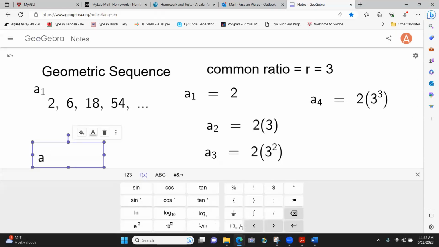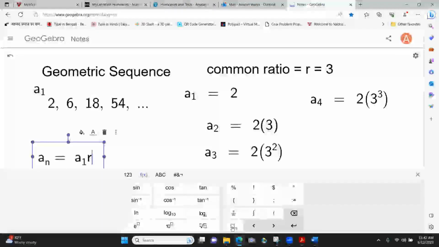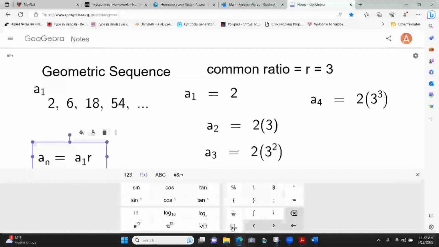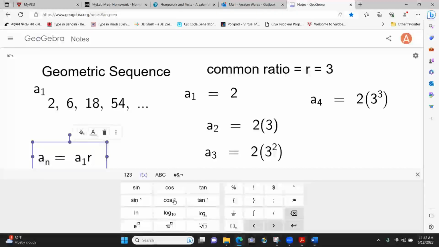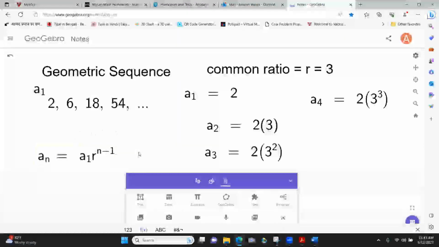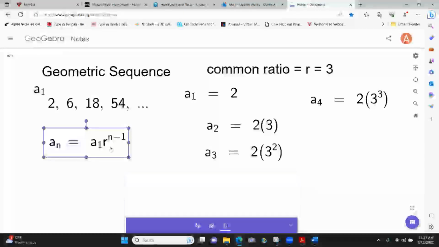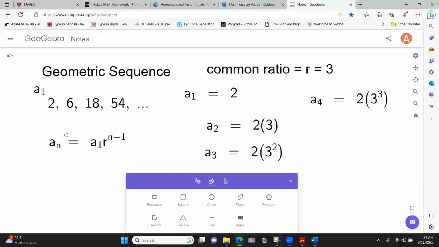A subscript n is equal to A subscript 1 times R raised to the power n minus 1. Okay, for a geometric sequence, this formula, let's highlight it a little bit.